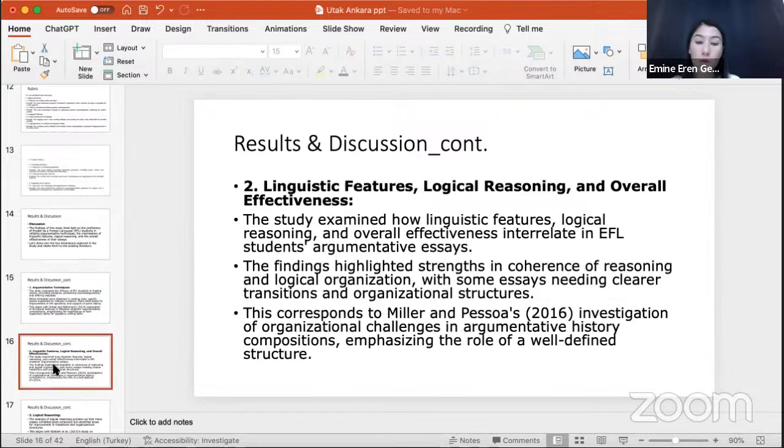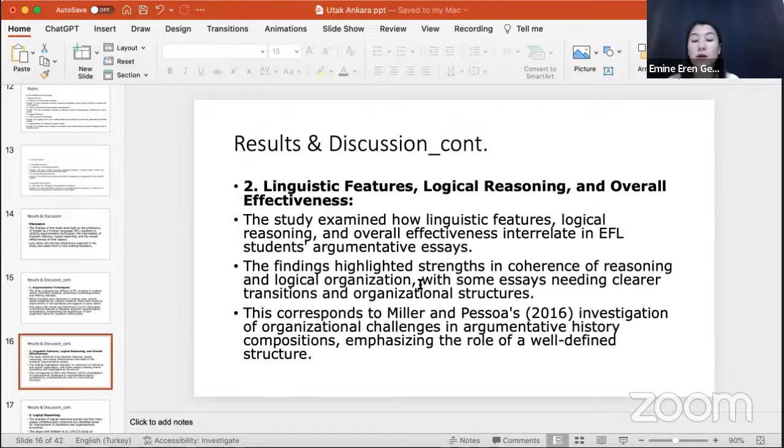The second result was linguistic features, logical reasoning, and overall effectiveness. The findings highlighted strengths in coherence of reasoning and logical organization, with some essays needing clearer transitions and organizational structures.